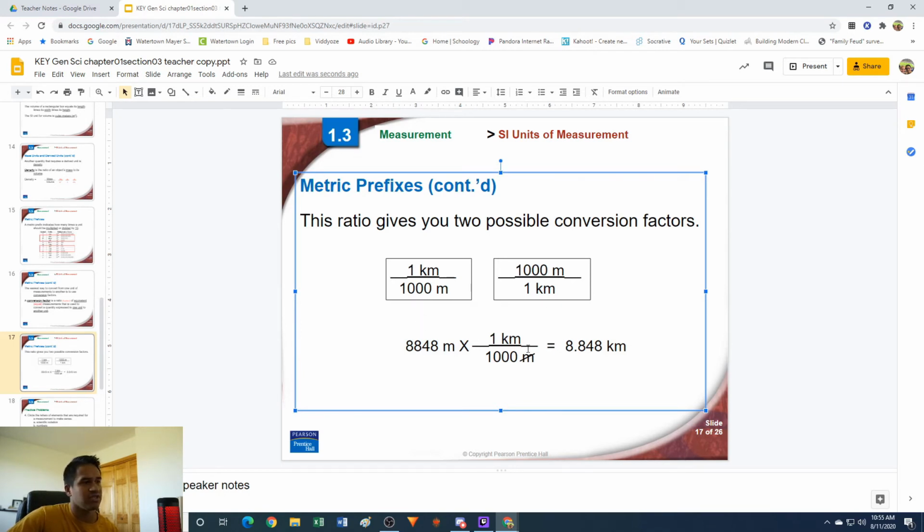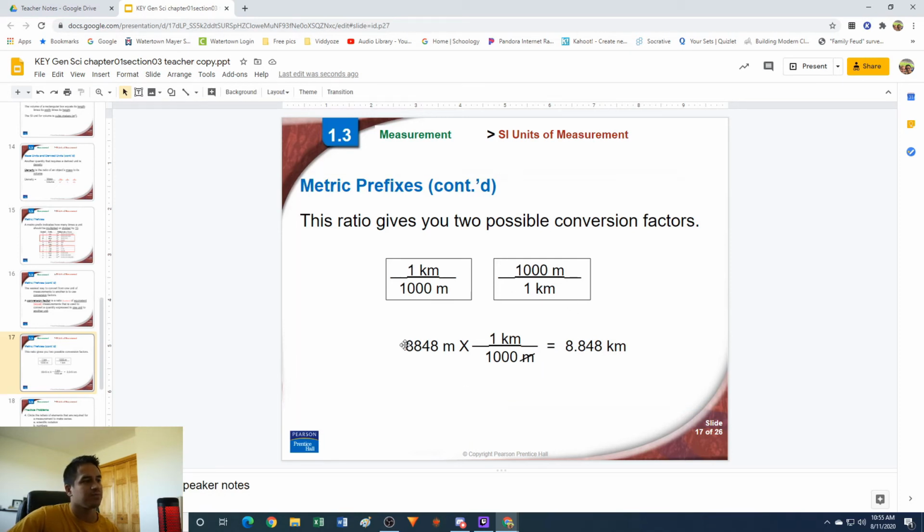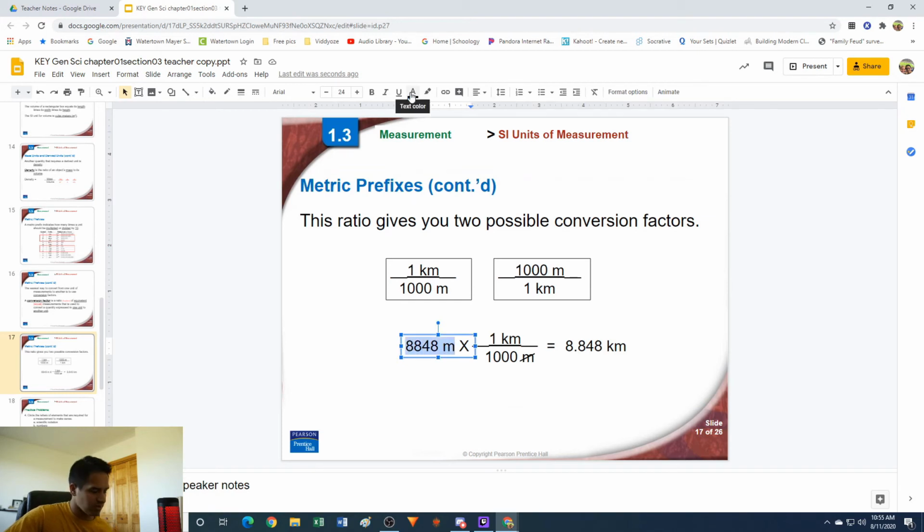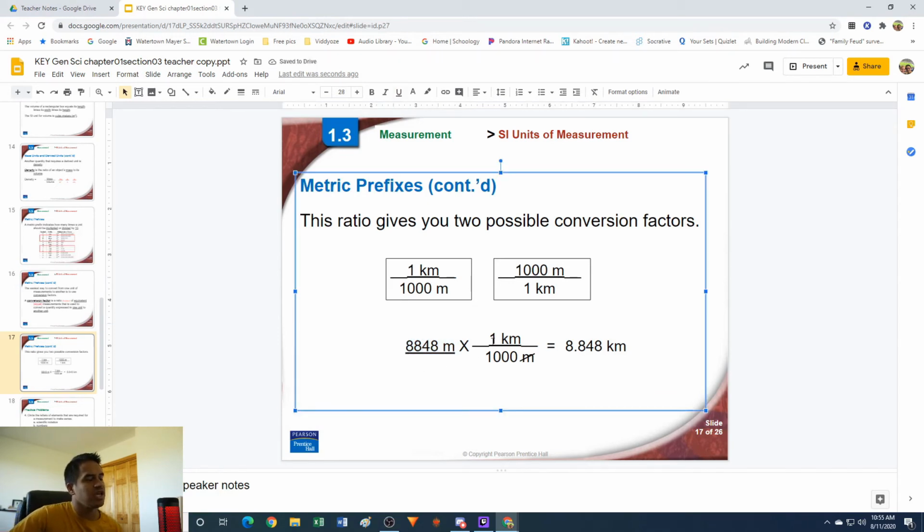This is also known as dimensional analysis. What we're doing is taking the unit of the number that we're starting with, and we take the fraction that has the unit we're starting with on the bottom.